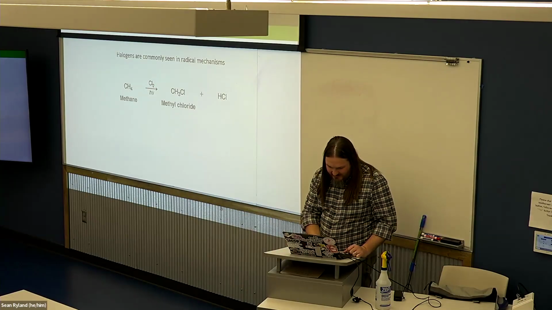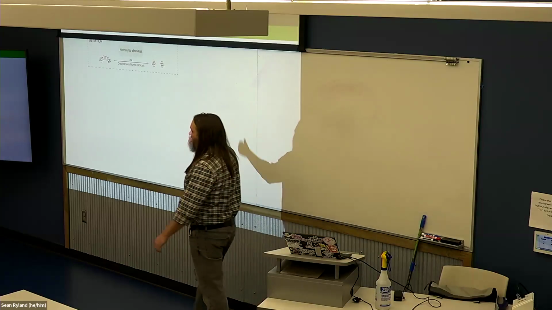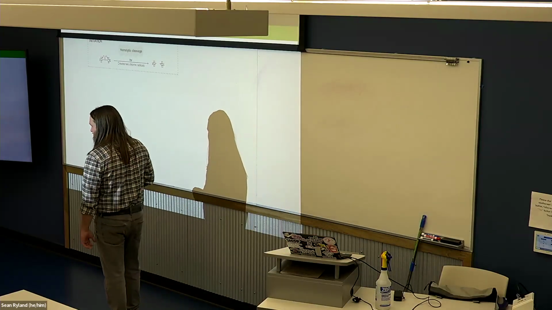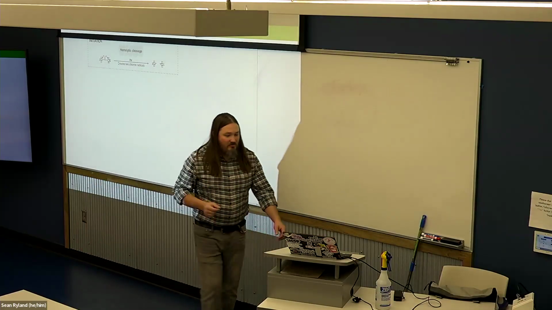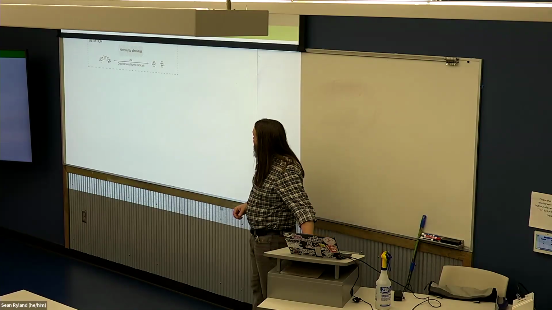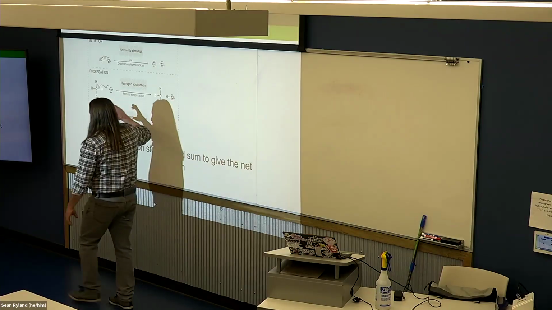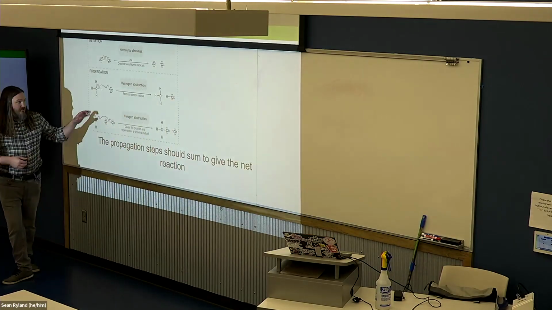All right, let's. The very next slide is literally what we just did. It's perfect, because now we get to say it again. First step is initiation. Then we do propagation, and usually propagation is 2 steps.